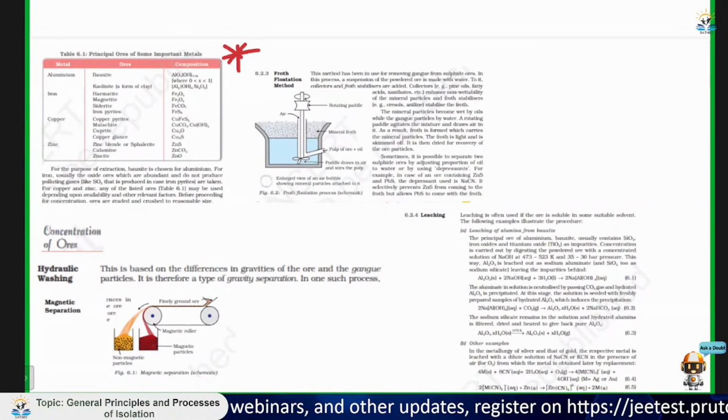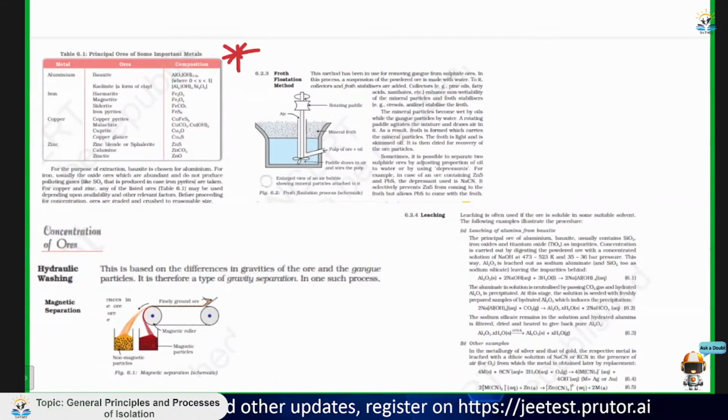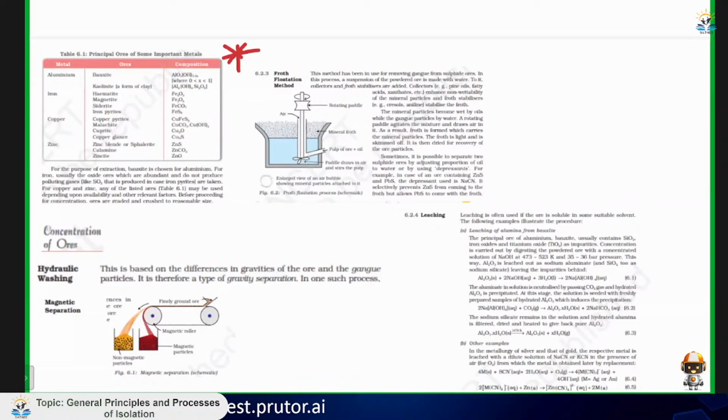So what they do is keep an upward stream of water and pour the ore into it. The impurities settle and your ore comes out with the water. Basically, cleaning with water based on gravity separation.